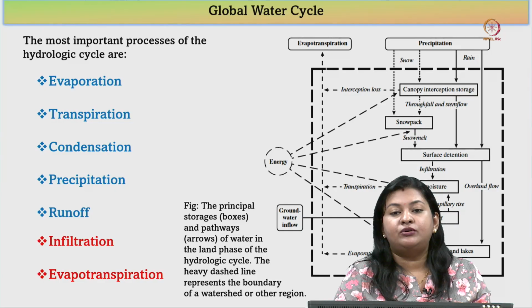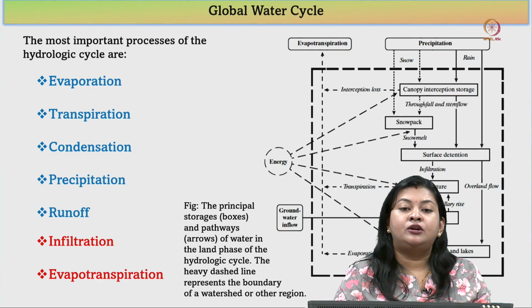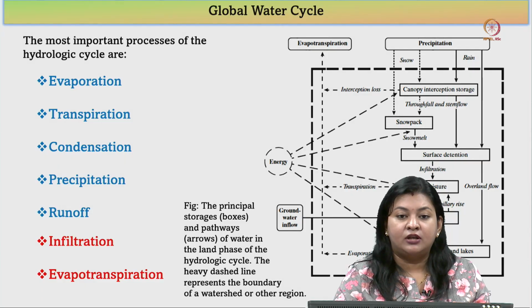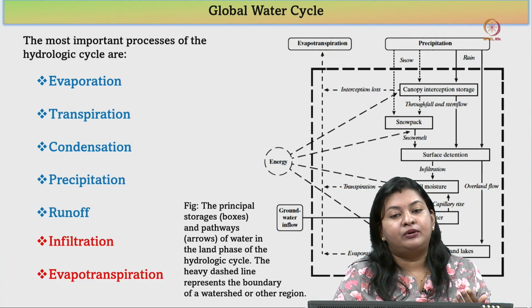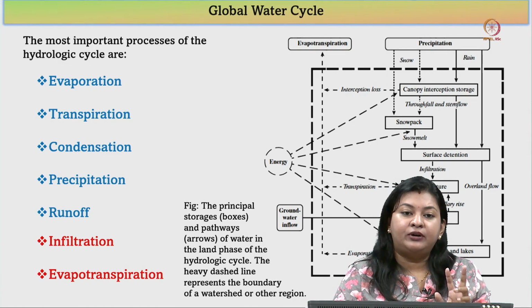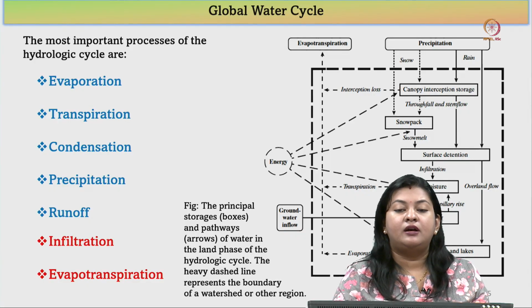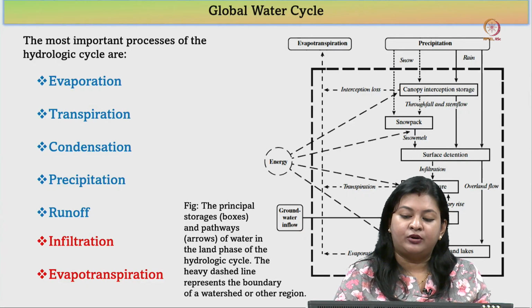It is the amount of water lost due to evaporation of tiny droplets of water from the plant's leaf surfaces and all. So, the plants are transpiring and that is getting evaporated and going back into the atmosphere. That evaporation and transpiration together we call evapotranspiration processes.